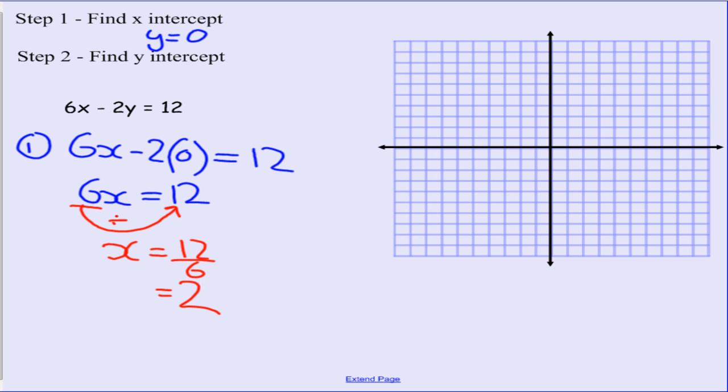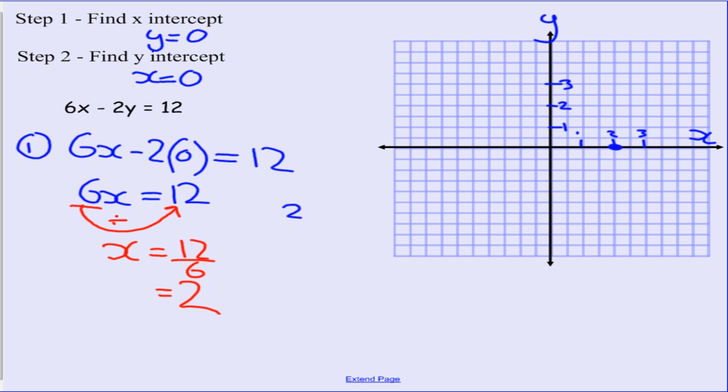So we need to label our axes first, x and y. Our x-intercept is at 2, so there is our x-intercept. That's 1, that's 2, and 3. 1, 2, 3.